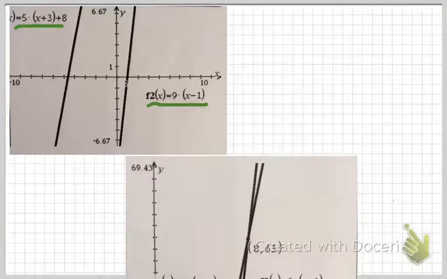But this picture does us no good because of the fact that we have an intersection we're looking for that's off the window. On the Inspire, you can click and grab. On the 83s and 84s, the non-Inspires, you need to go through your zoom procedures to figure out where that is. But the fact that we know our solution is at 8 tells us we're going to have to move out that way, and that's how you'll know.